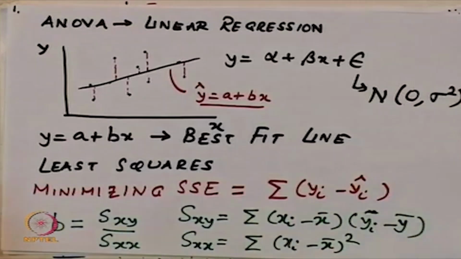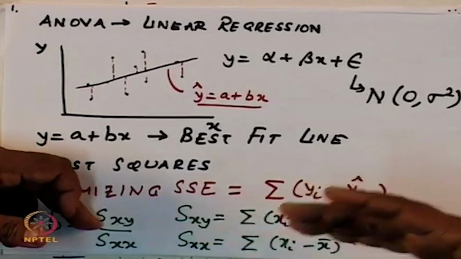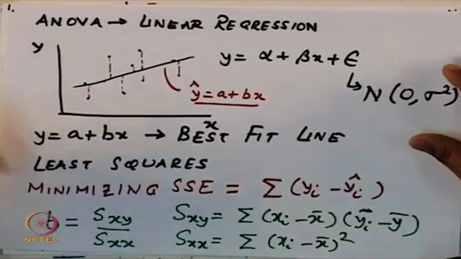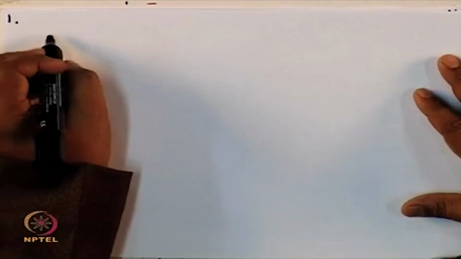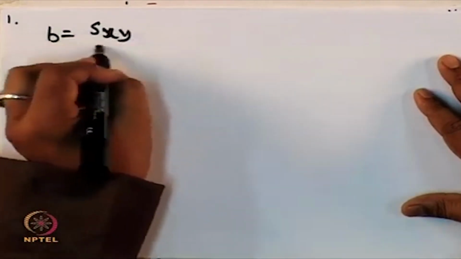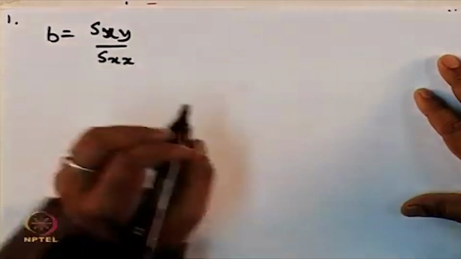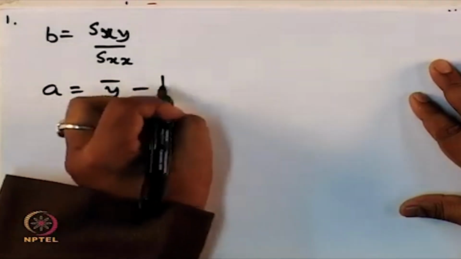Note that from our earlier definition we had the division by n minus 1, which we have removed. So, b is S of xy by S of xx, and a is given by y bar minus b times x bar.